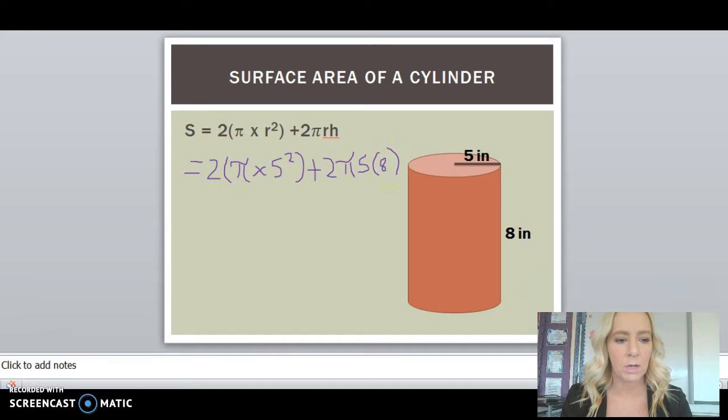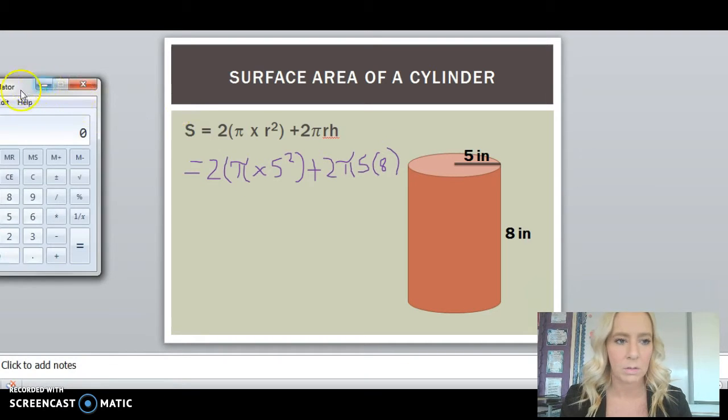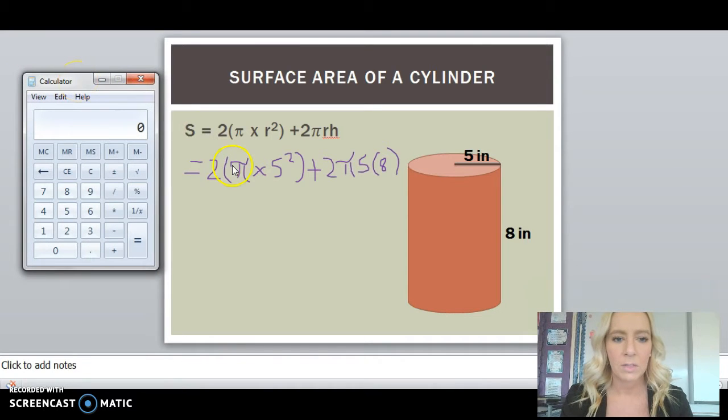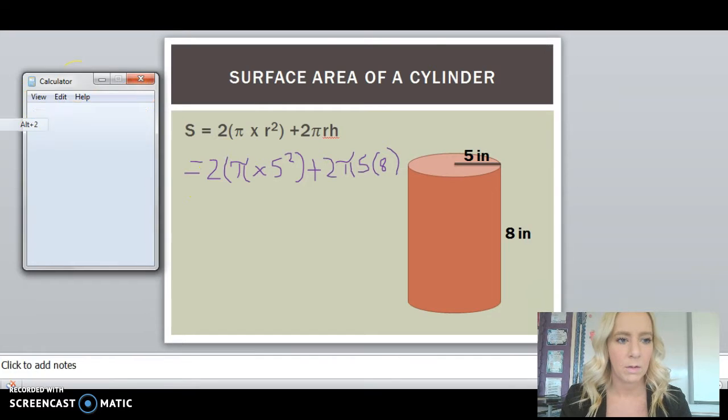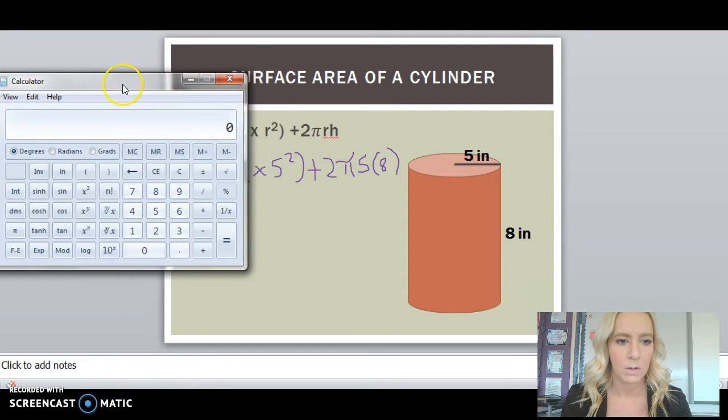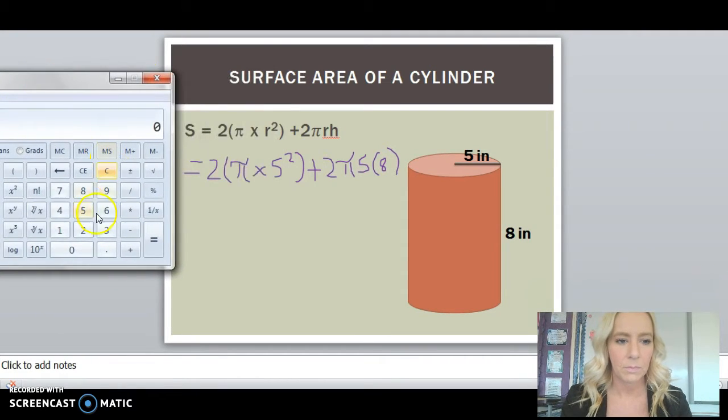So at this point, you can use a calculator to simplify a lot of your computation. So let's start with the first part. I'm going to do 2 times pi, or 3.14, times 5 squared, which in this case is 25.